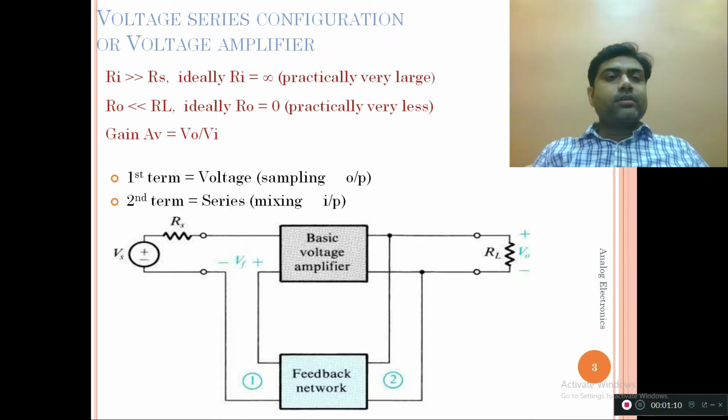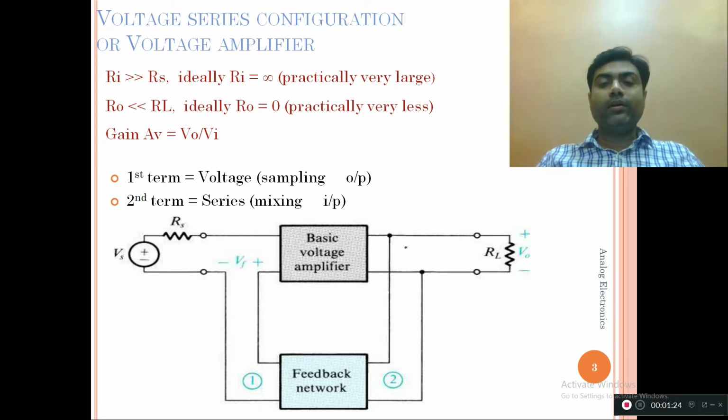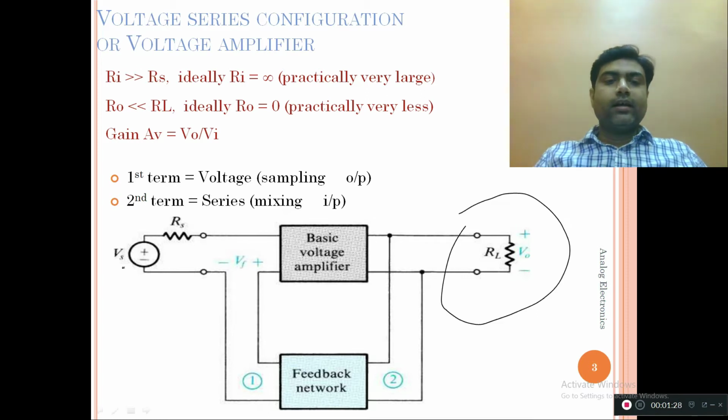So starting with the discussion, the voltage series configuration is popularly also known as the voltage amplifier. Why? We have already discussed it in the previous two lectures, but to revise what we have learned already: this is the output circuitry, and this is the input circuitry.